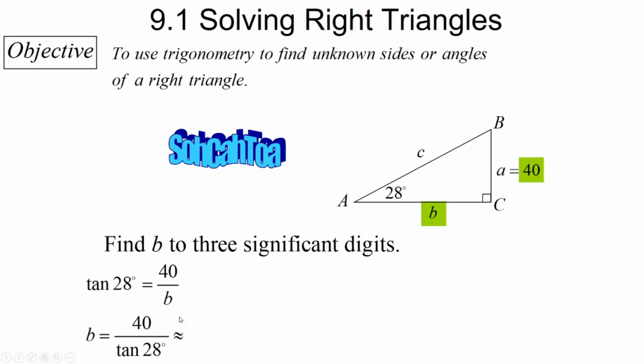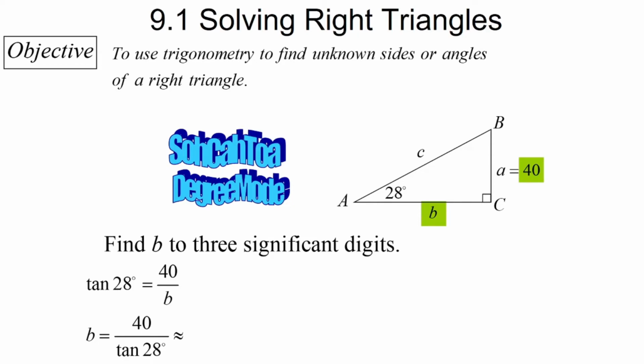Now let's get out our calculator, and let's make sure we are in degree mode. Throughout this chapter, we're going to use degree mode. So clear mode, and my calculator is in degree mode right now. And then I'm just going to punch out 40 divided by tangent of 28 degrees.